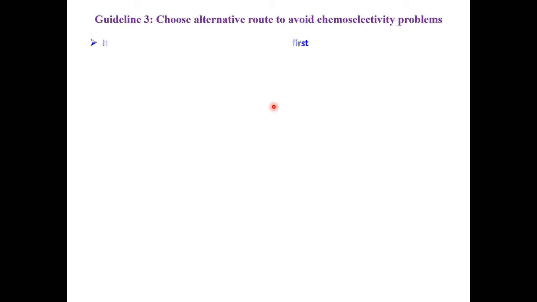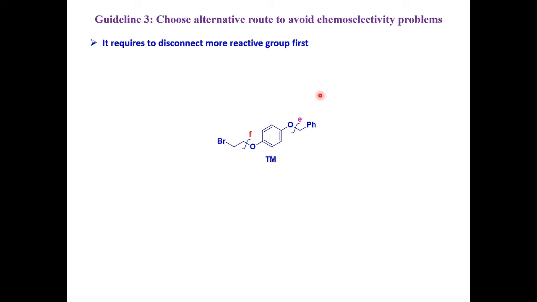When you look at this molecule, you will spot the 2 ether linkages, E and F. As the guideline tells us, we need to choose an alternative route to avoid the chemoselectivity problem. That means we need to disconnect the more reactive functional group.